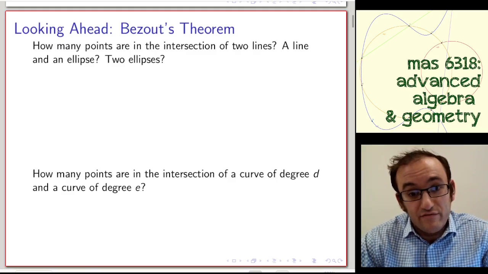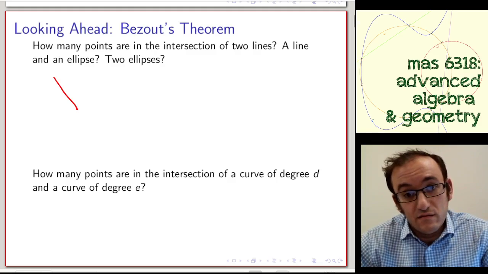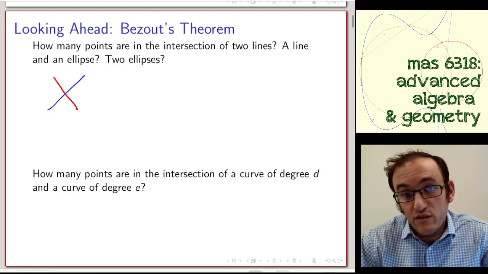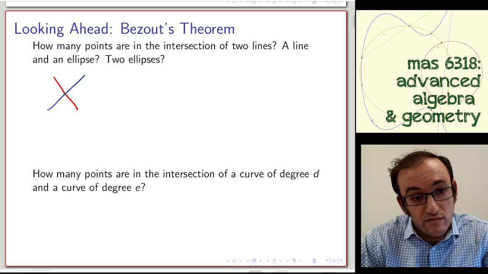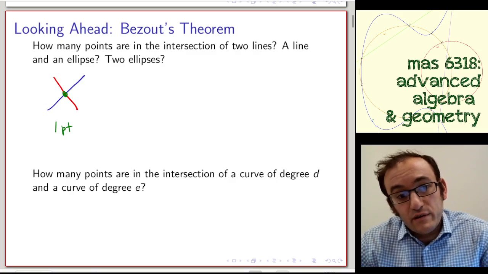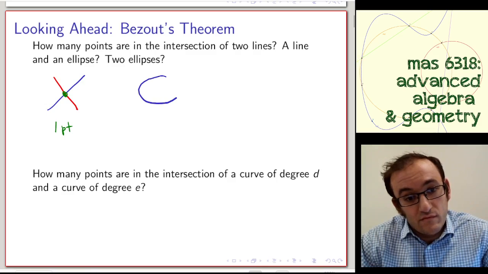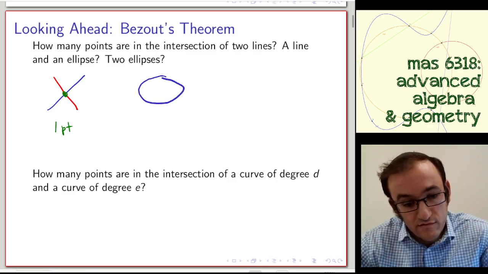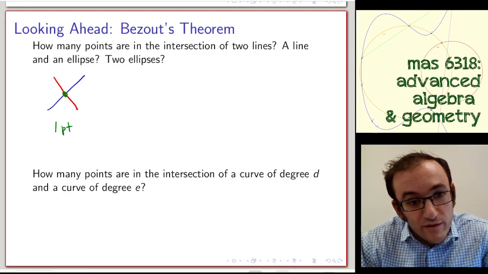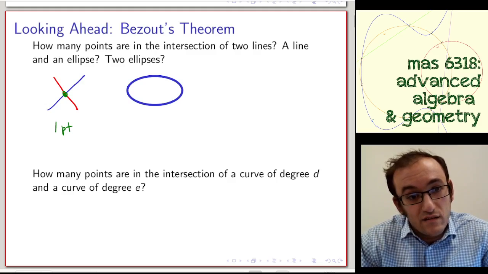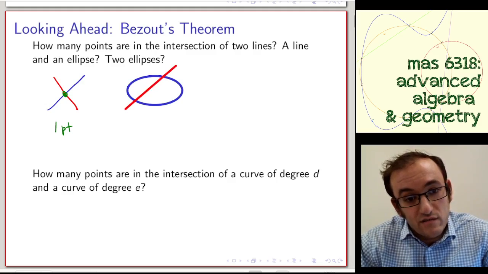So let's say we have 2 lines. In general, these are going to intersect in one point. Okay. How about a line and an ellipse? Here I actually can draw a real ellipse with this thing. Here's an ellipse and a line I can also draw.